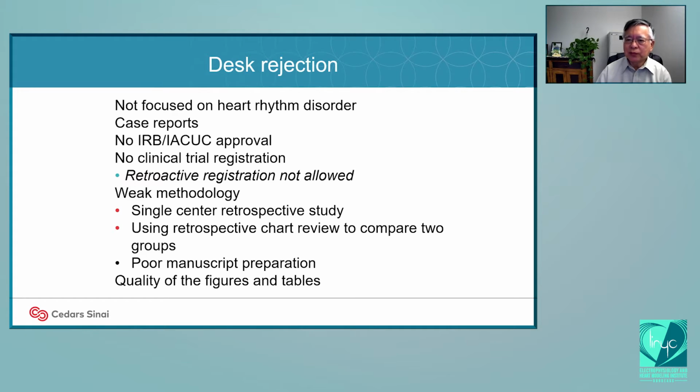That's obvious. Currently, a lot of societies have case report journals, including the Heart Rhythm Society. So if you have a single case report, unless it's really unique, it will not be considered. Case reports will be unique if you report a first-in-man therapy.